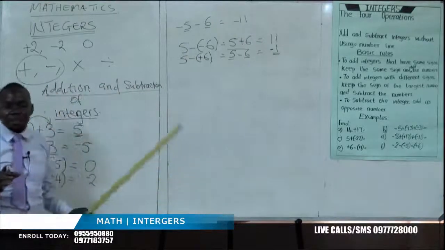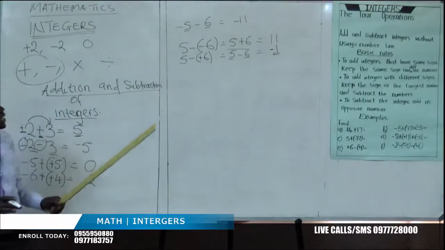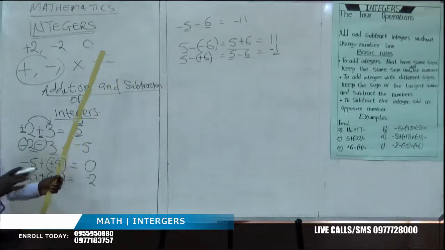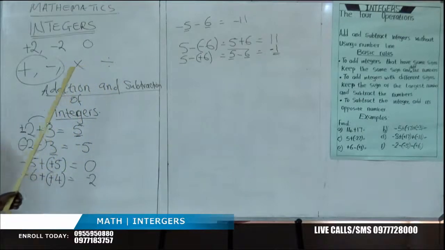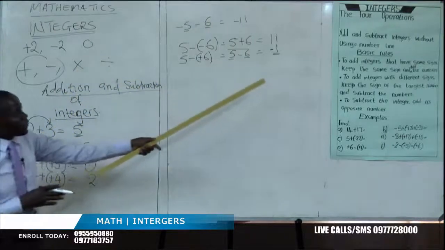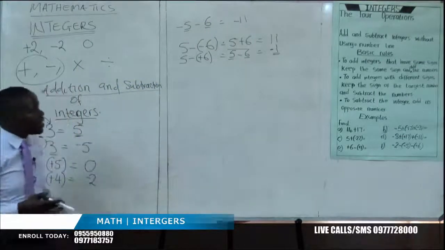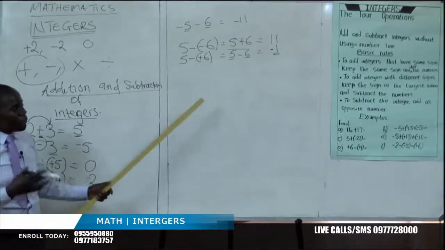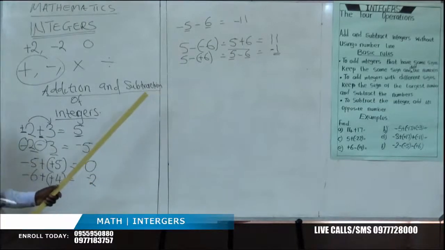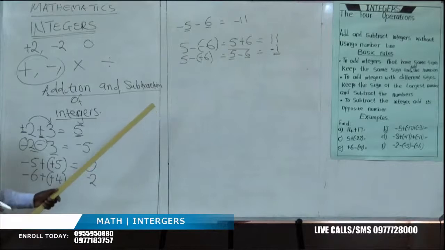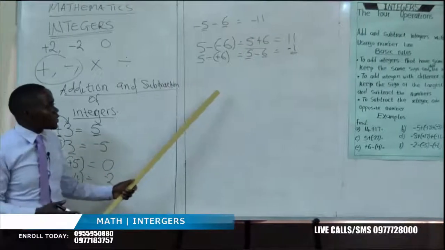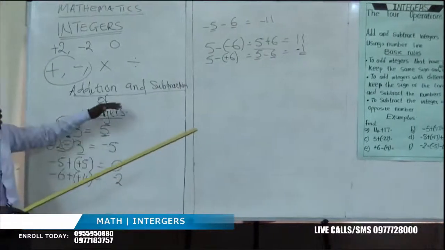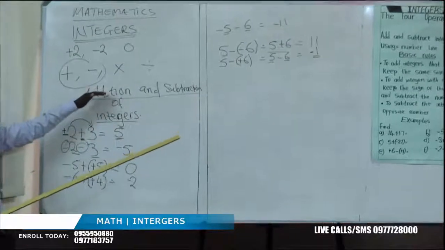So these are the most important rules that you need to know when you are operating with integers. Very, very important. Otherwise, once we misplace one of these, you end up getting wrong answers. So what you have to know always, this is the basic of all the mathematics, because you cannot do away with any mathematics without doing with these operations.